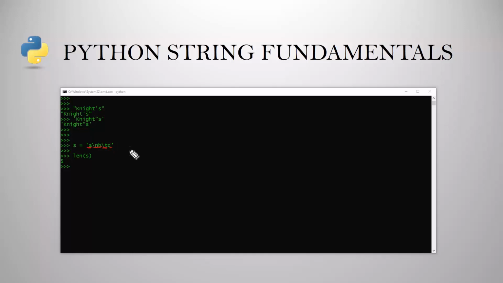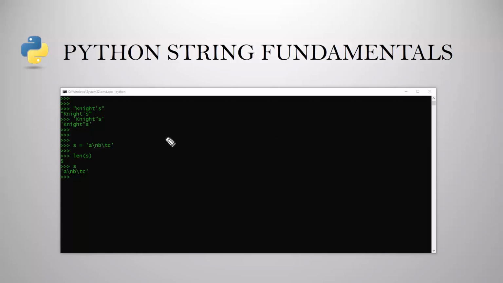So it is 5 characters. We cannot count this as 7 characters. So backslash n is 1 character and backslash t is 1 character. Note that the original backslash characters in the result are not really stored with the string in memory. They are used only to describe special character values to be stored in the string.